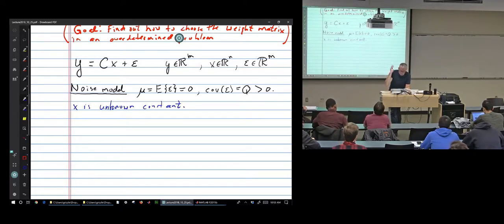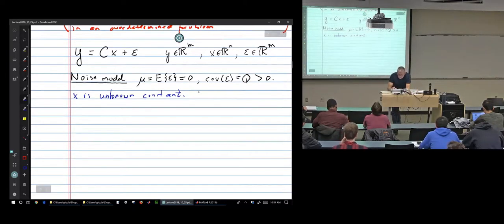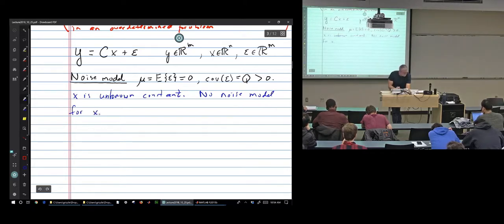Yep, I'm measuring the value of my angle via an encoder, but I have no idea what vibration has caused the thing to be in between the quantization of my encoder, etc. So, no noise model for X.